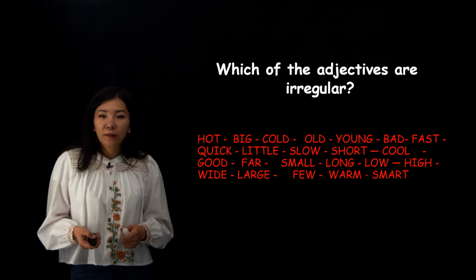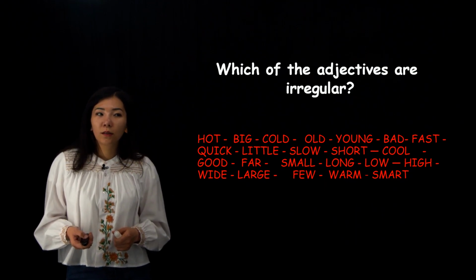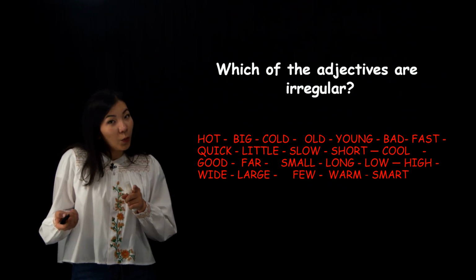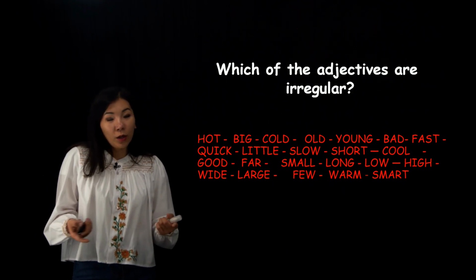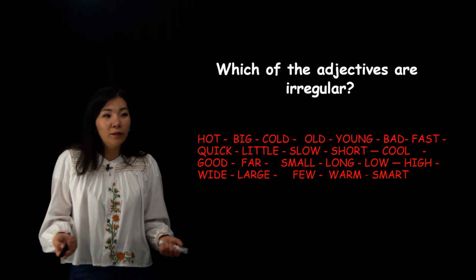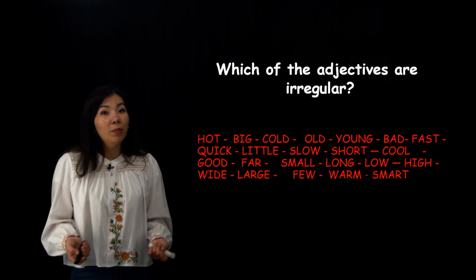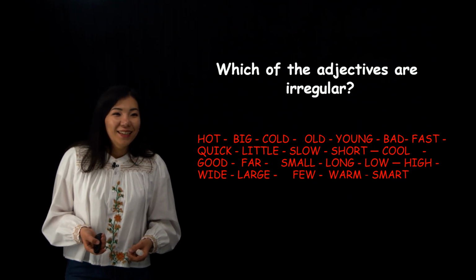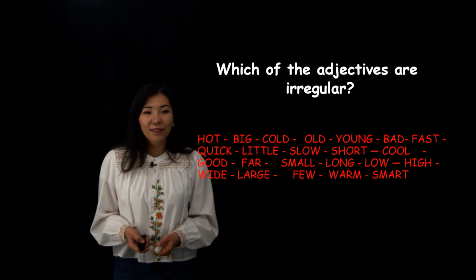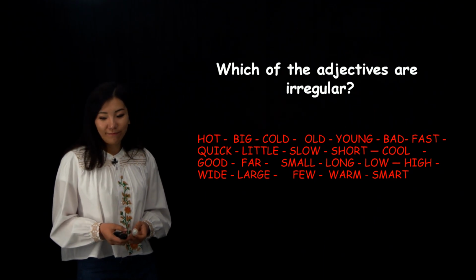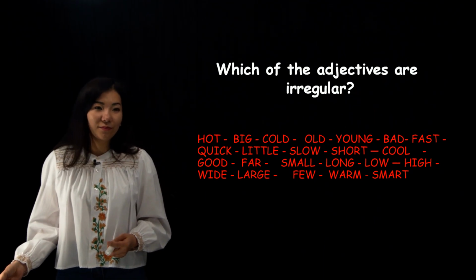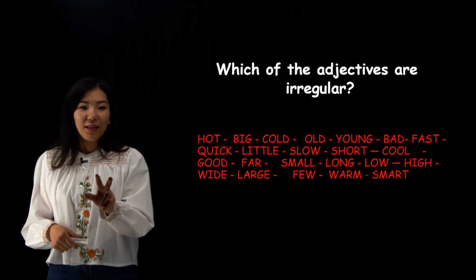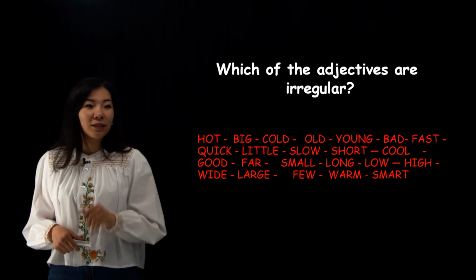I'll give you a couple of seconds to do this exercise, or you can always pause the video and do the task. Okay, I think a couple of seconds will be enough for you. Ready? If you're ready, let's check it together.